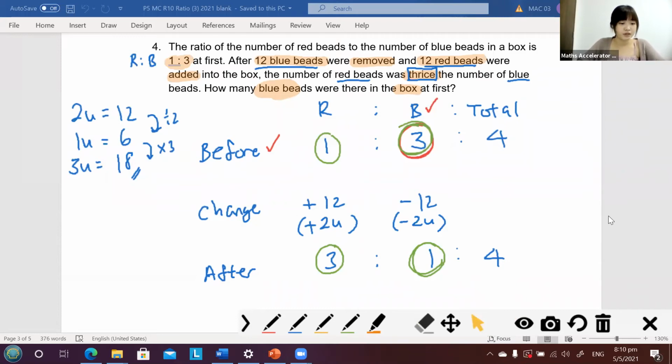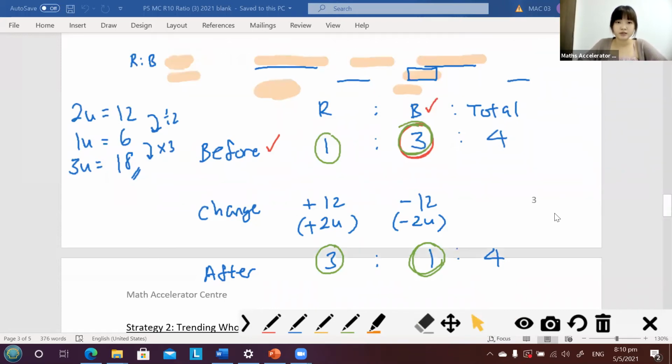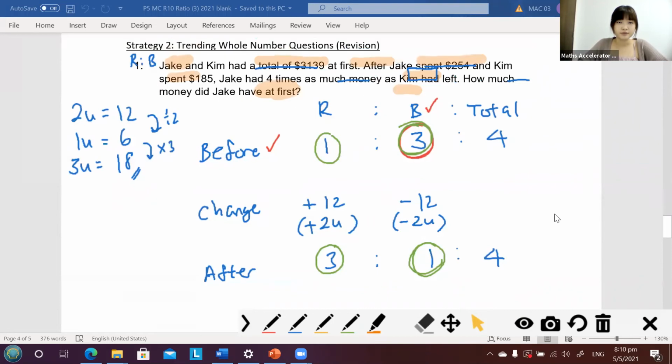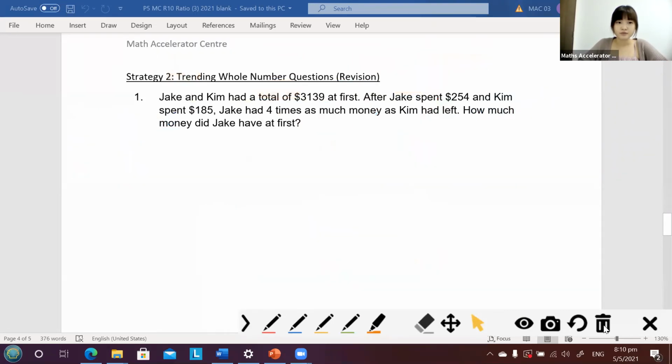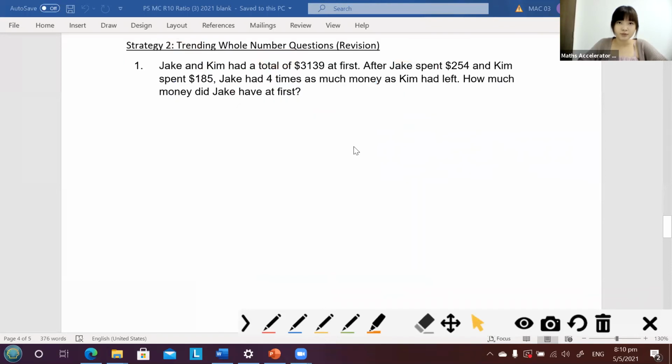Alright, so let's go on to the next part here. Okay, on trending whole number questions, so this won't be ratio anymore. So a revision on your whole number type of questions. Okay, so let's read the question.